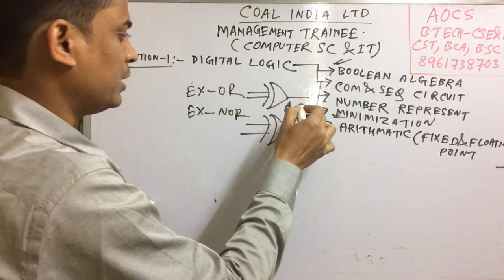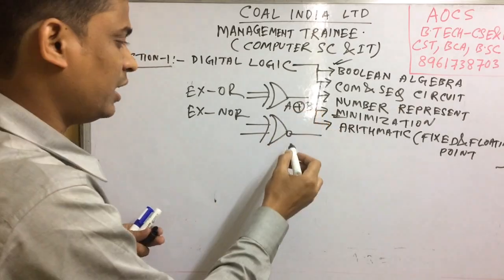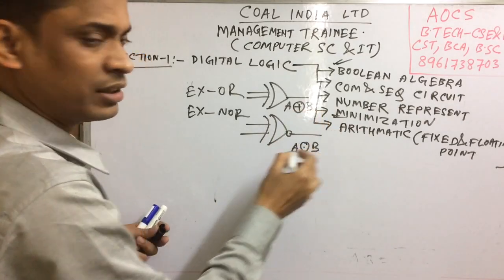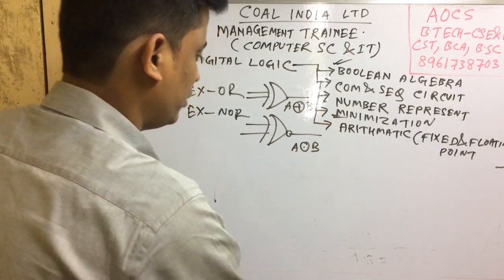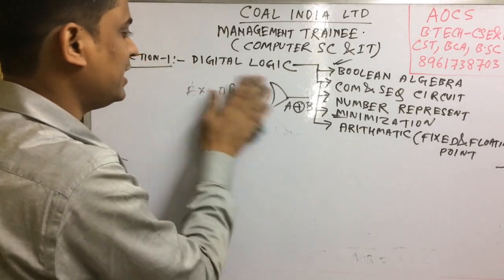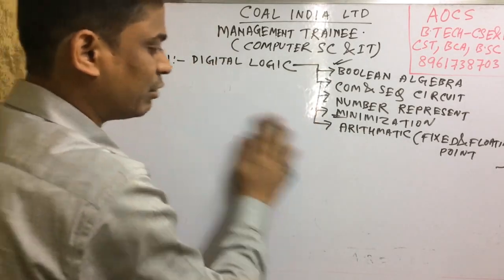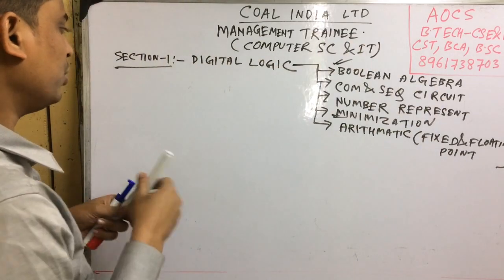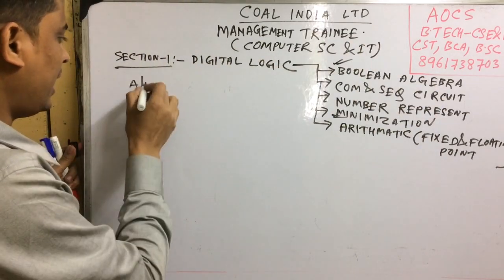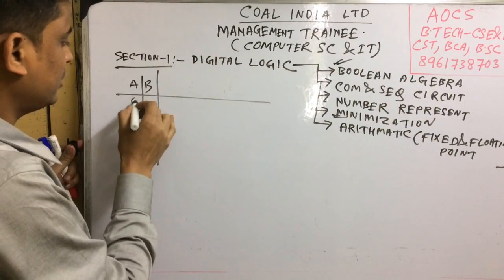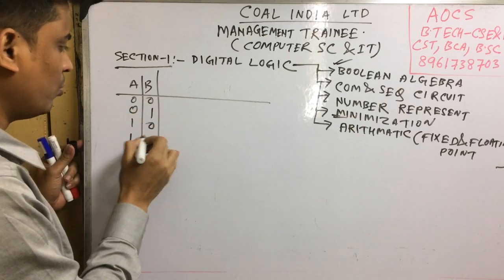The outputs are A XOR B and A XNOR B. Later I am discussing the different gate outputs. Suppose these are the two inputs A and B: 0 0, 0 1, 1 0, 1 1.